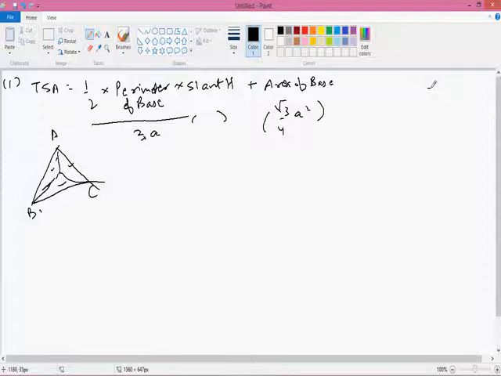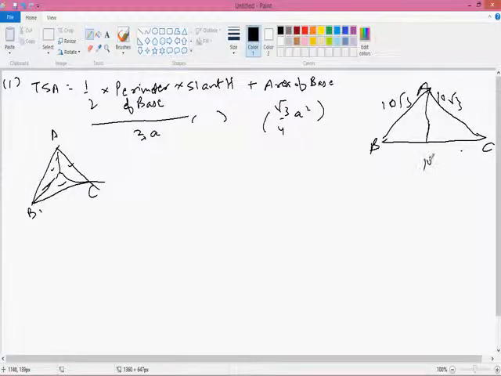In order to find the slant height, I am constructing an equilateral triangle here, A, B, C, and suppose this is the altitude of that triangle. This is 10 root 3, this is 10 root 3, and this is 10 root 3.